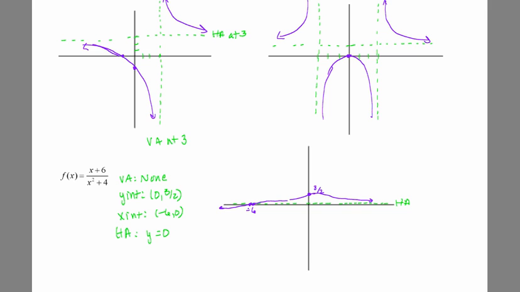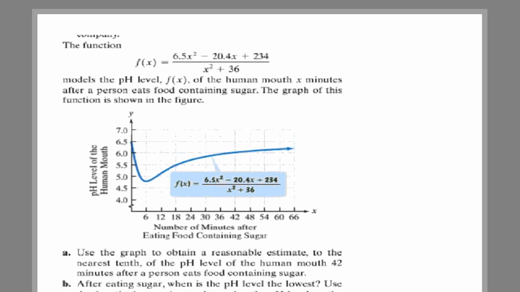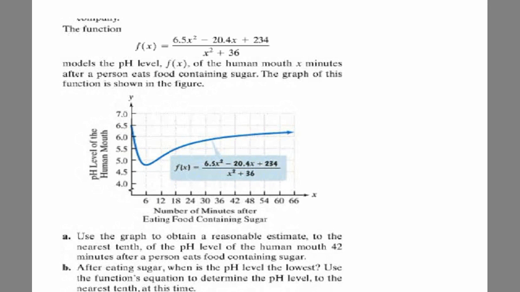So that one's kind of tricky. And my graph isn't perfect. Obviously the calculator gives us a better rendition of that, but it's so important to figure out what's going on right there at that point where it crosses the horizontal asymptote. So let your calculator help you determine where to place your curves and how to interpret those.